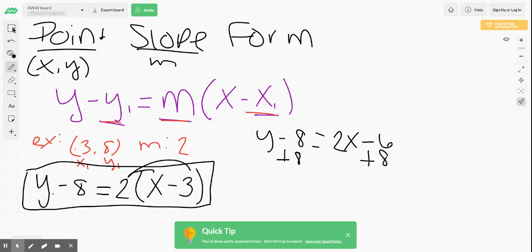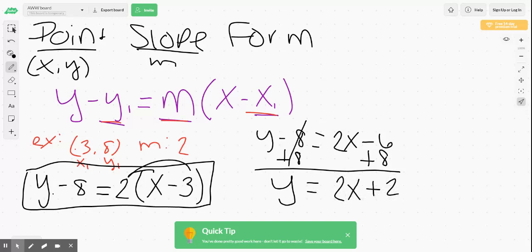And if I add it there, I got it over here. So I get y equals 2x plus 2. So either of those two equations are correct. If a problem just asks for an equation, then I would stick with this first one. If they ask you to convert it to slope-intercept, then we want to go ahead and do all the math and convert it.